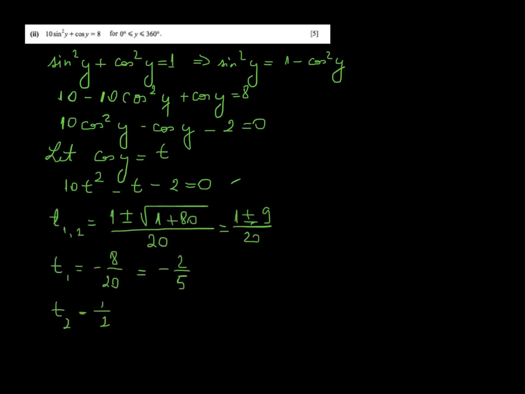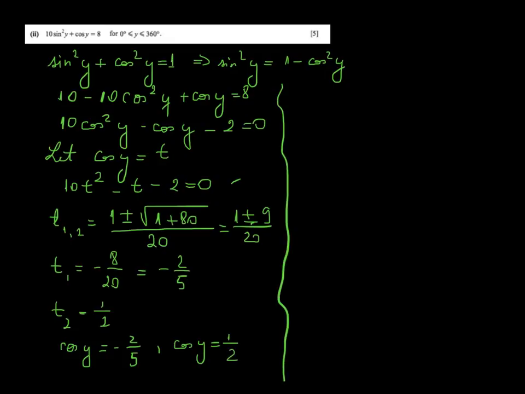So the solutions of my equation in y are cos y equals minus 2 over 5, and cos y is 1 over 2. Therefore, from cos y equals 1 over 2, I get y equals 60 degrees.